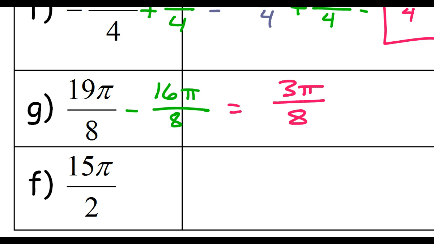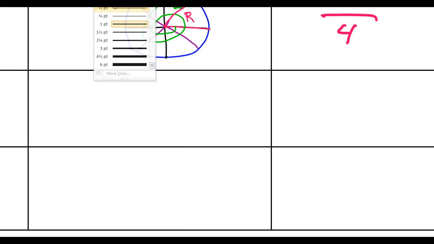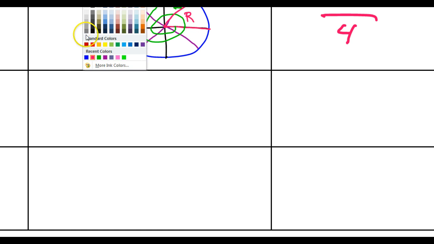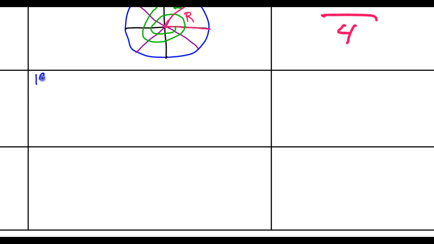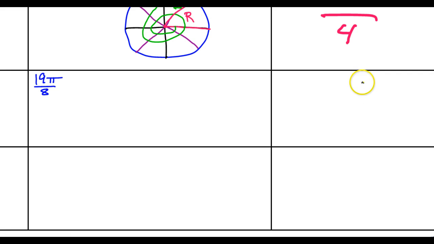So 19 pi over 8. Okay, I'm about to sketch that. Remember that this was approximately 2.4 pi. Remembering that will help us do the sketch. So here's our unit circle.